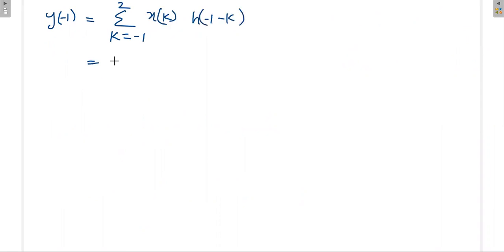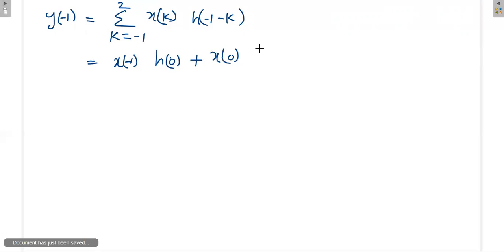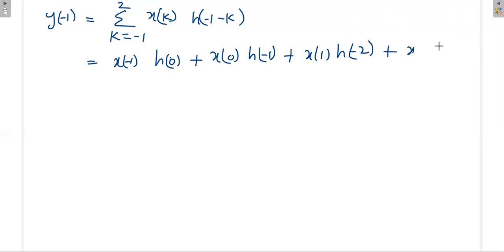For k equal to -1, x of -1, h of 0, plus x of 0, h of -1, then x of 1, h of -2, plus x of 2, h of -3.